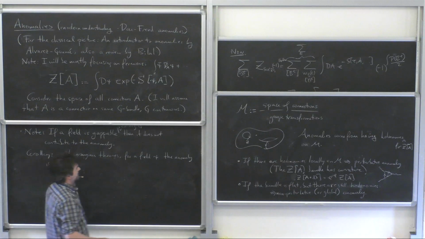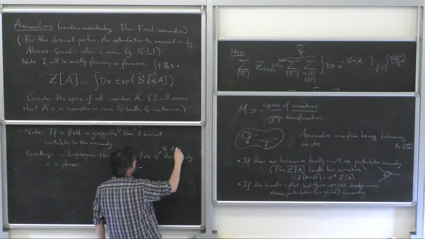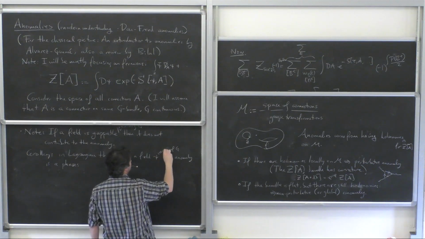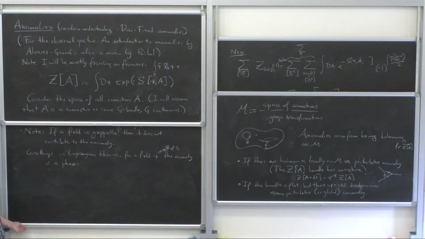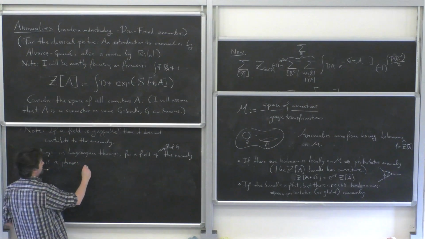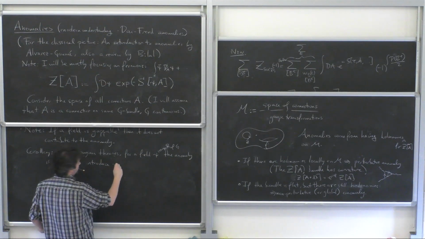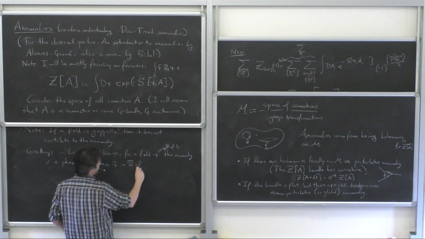Okay, so what's the idea here? If you have a field in some representation R of the group G, then you can introduce some field, I don't know, phi tilde in R bar of G.